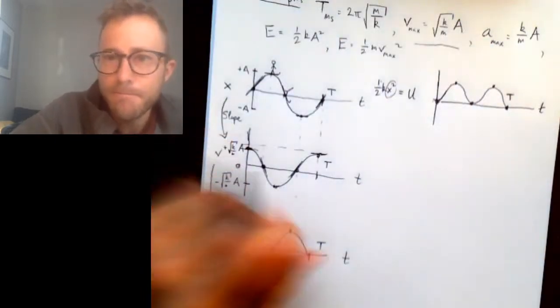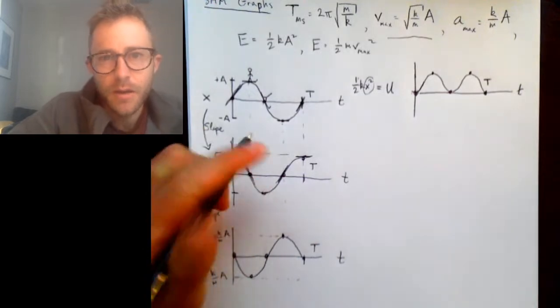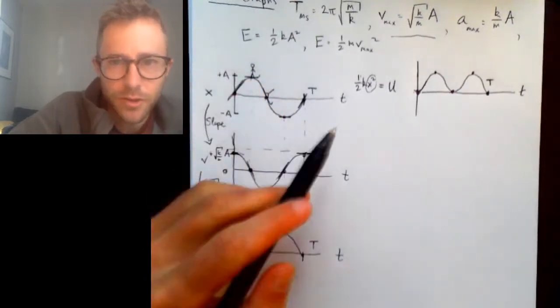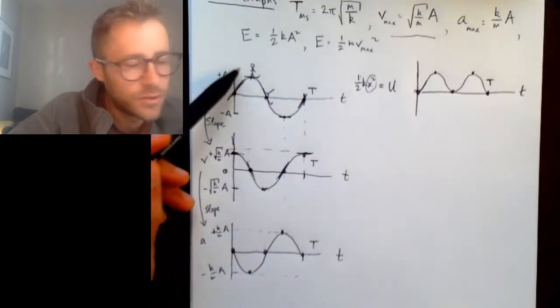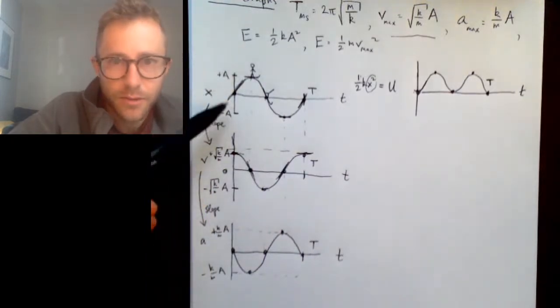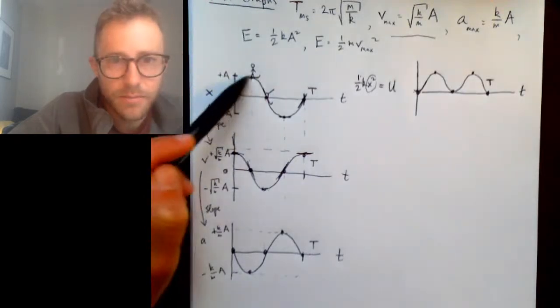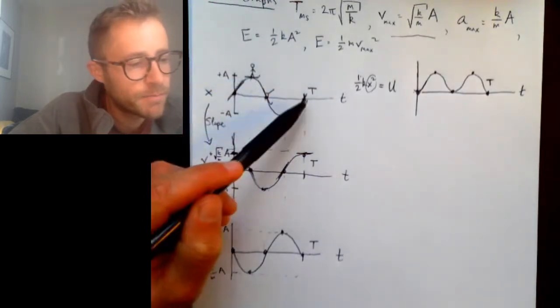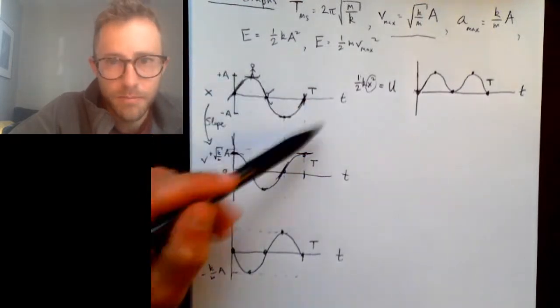Like that. So that is your potential energy versus time. One of the things I want to point out is that the position graph has one peak and one valley, just one peak in a period, okay?